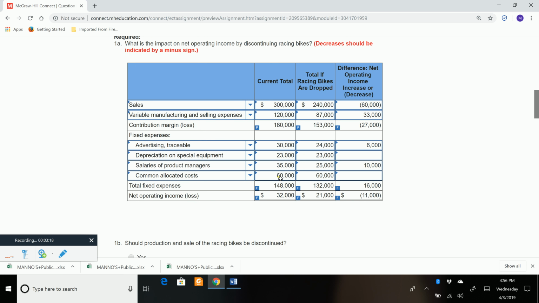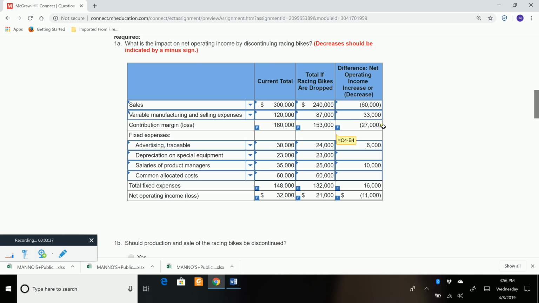And here's the analysis. So currently the company is making $32,000. Now, if we dropped the racing bike, as we said, we would lose the $27,000 in contribution margin for sure, but we'd only lose $16,000 of expenses.